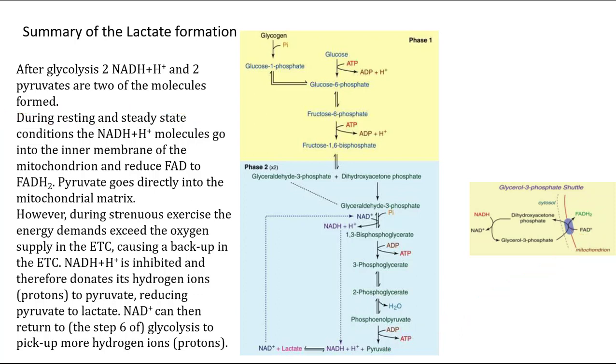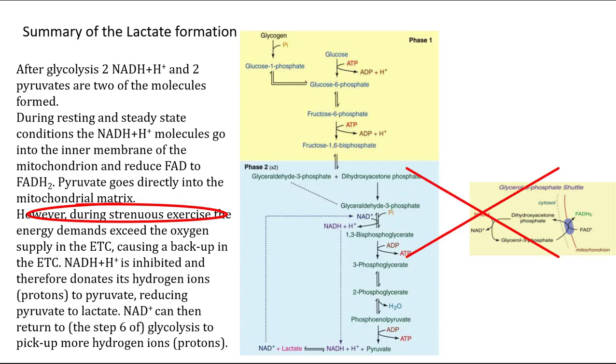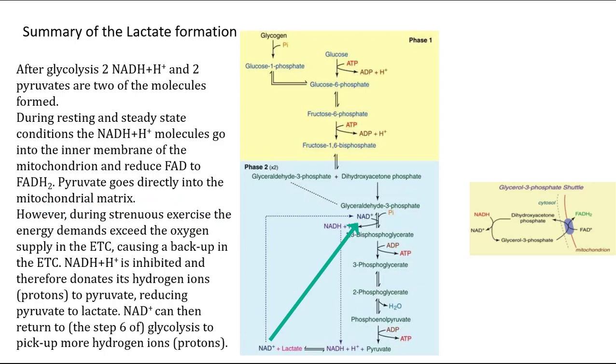However, during strenuous exercise, the energy demand exceeds the oxygen supply in the ETC, causing a backup in the ETC. NADH plus proton is inhibited and therefore donates its hydrogen ion to pyruvate, reducing pyruvate to lactate. NAD plus can then return to step 6 of glycolysis to pick up more hydrogen ion or proton.